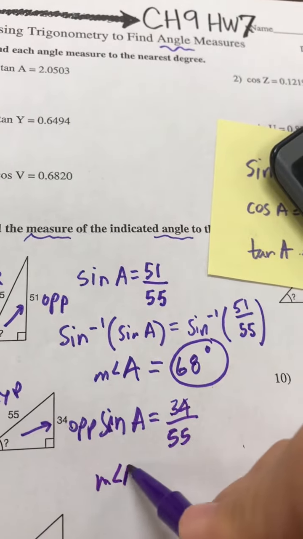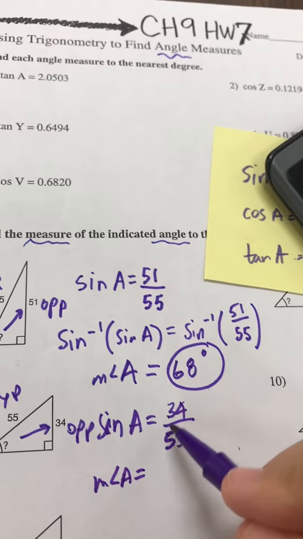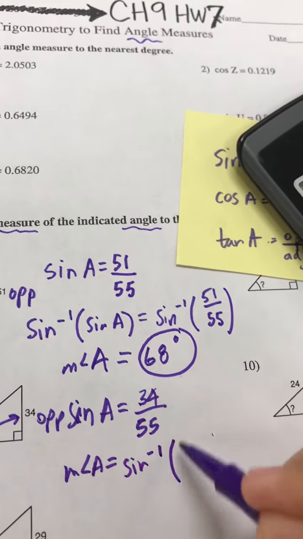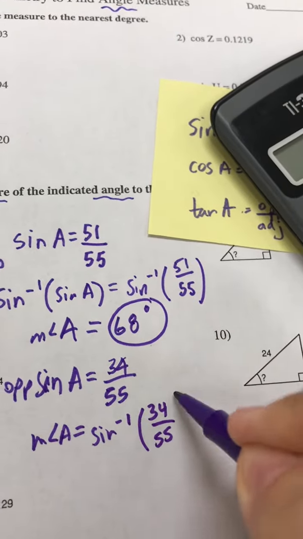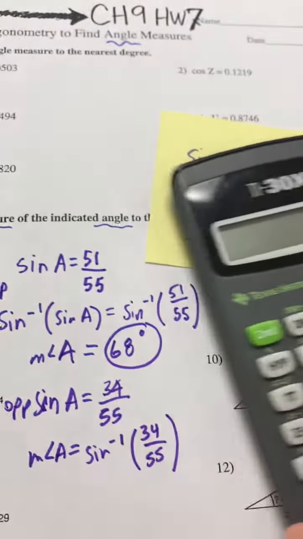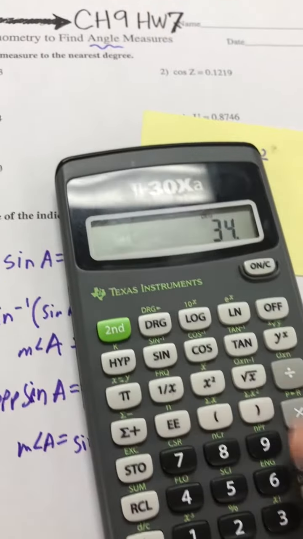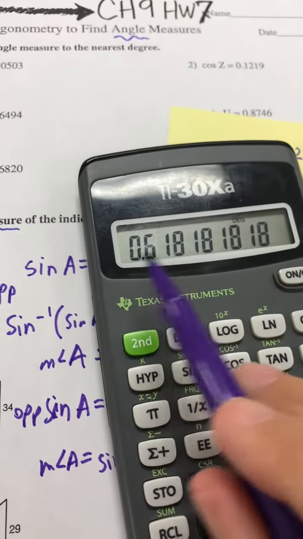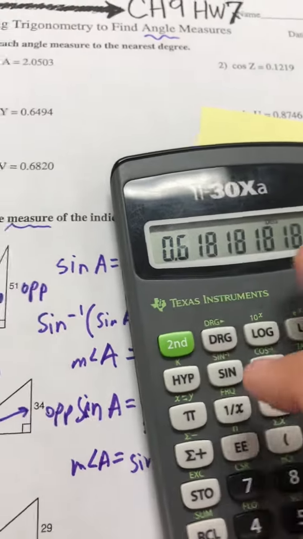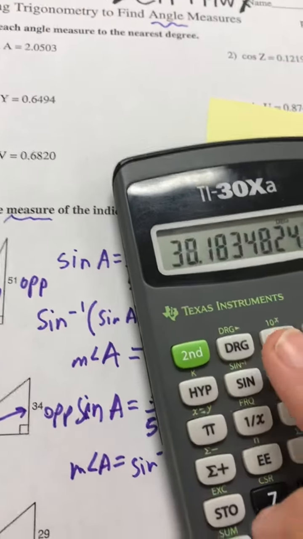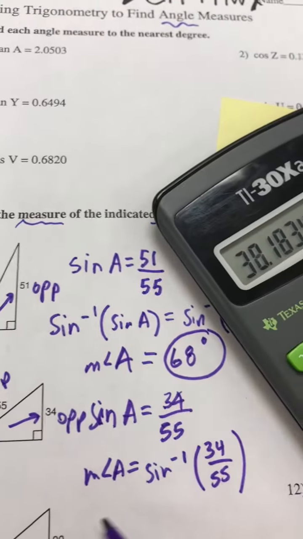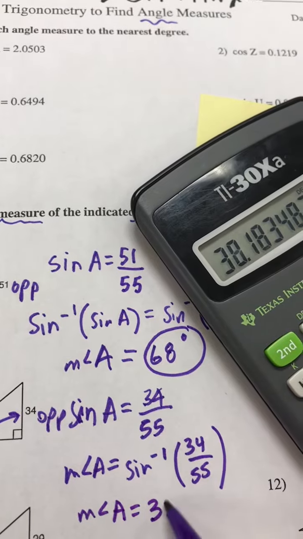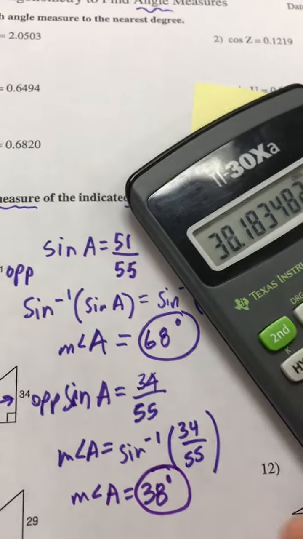And so the measure of angle A would be the inverse sine of 34 over 55. Okay, so 34 divided by 55 is about 0.62. And so I'm going to hit second sine and round to the nearest degree. So the measure of angle A is 38 degrees.